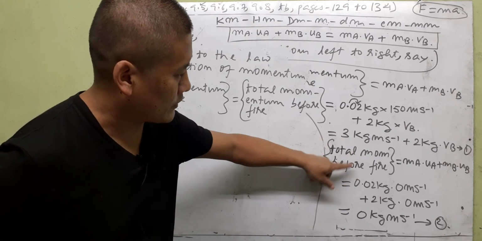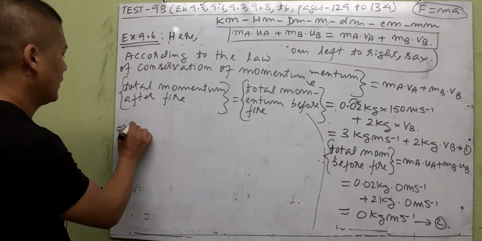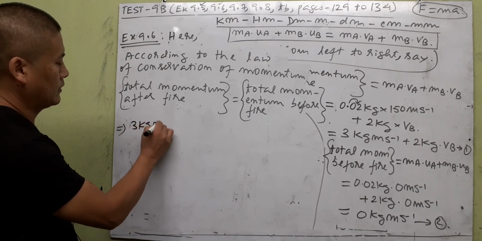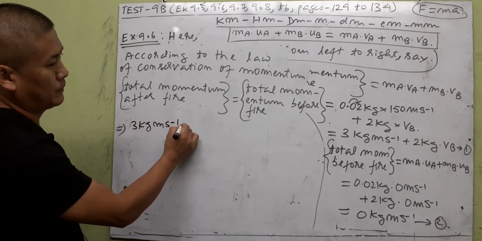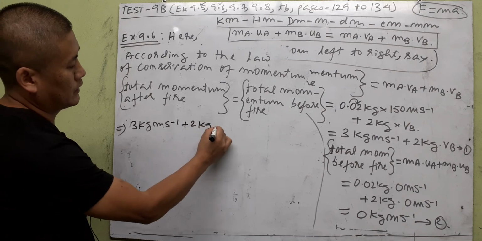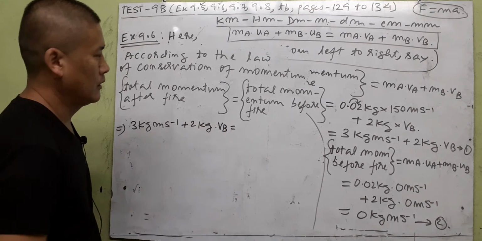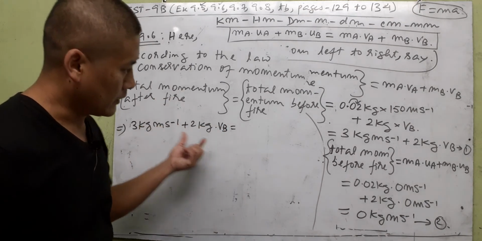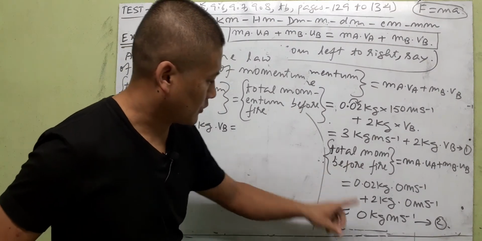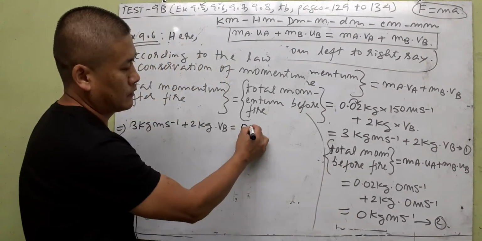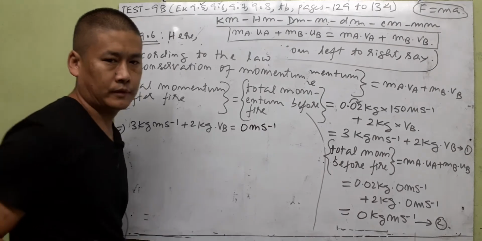Here, before fire is this one, after fire is this one. So you write 3 kg meter per second plus 2 kg into VB, that is the total momentum after fire. And before fire, this portion is this 0 meter per second.